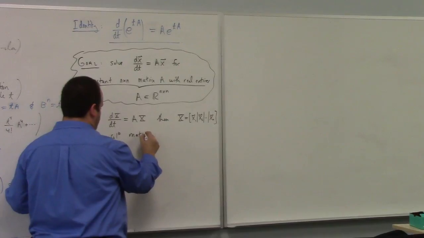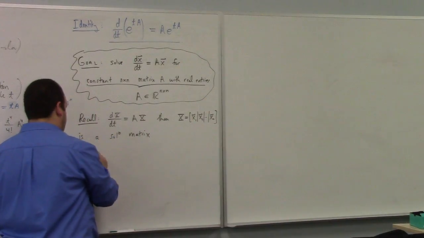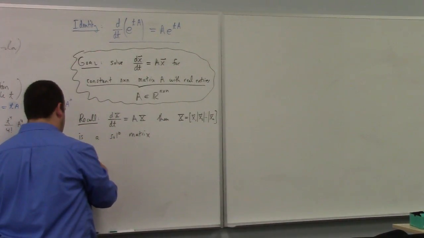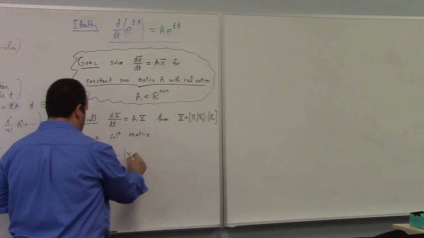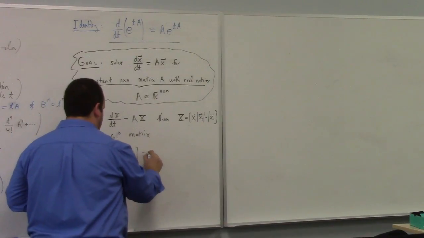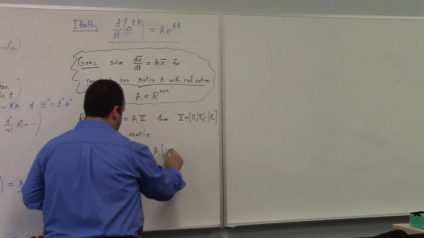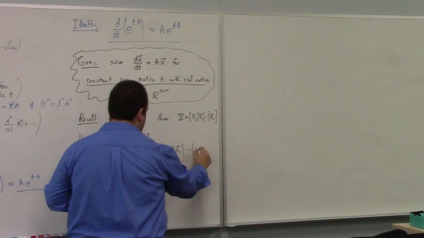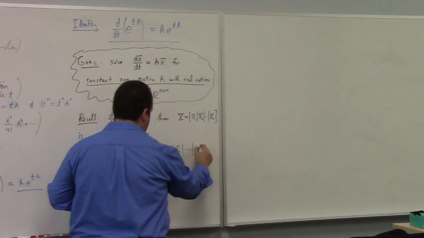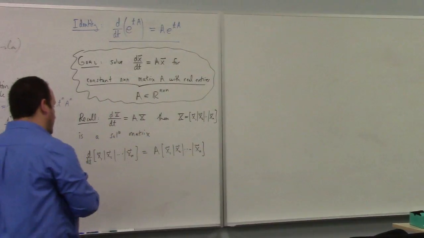Let me just go through that again briefly. Basically, if you've got d/dt of these column vectors x1, x2, ..., xn glued together, it is equal to A times the concatenation of these column vectors. And these column vectors we should think of as vectors of functions, if you like.